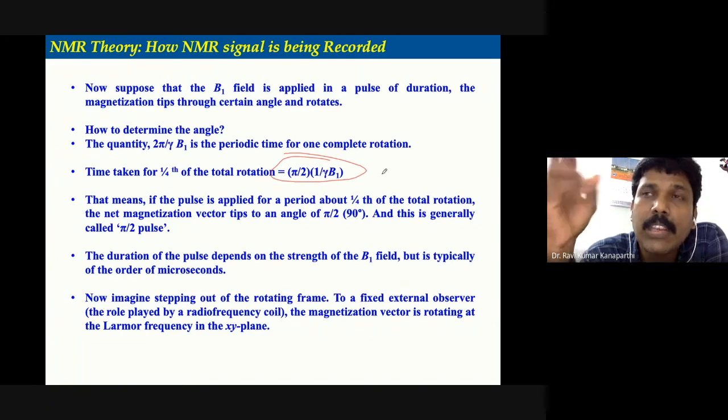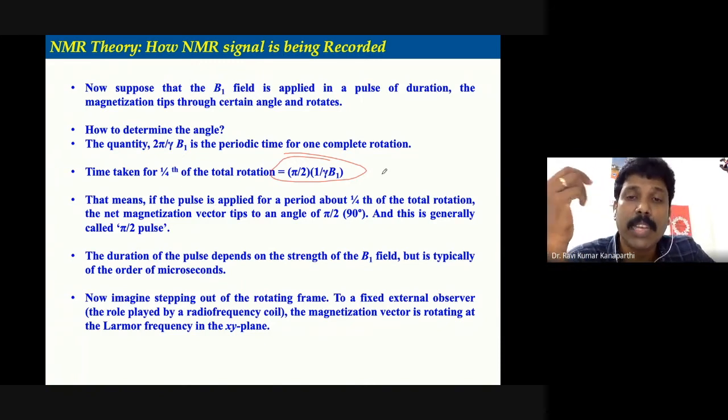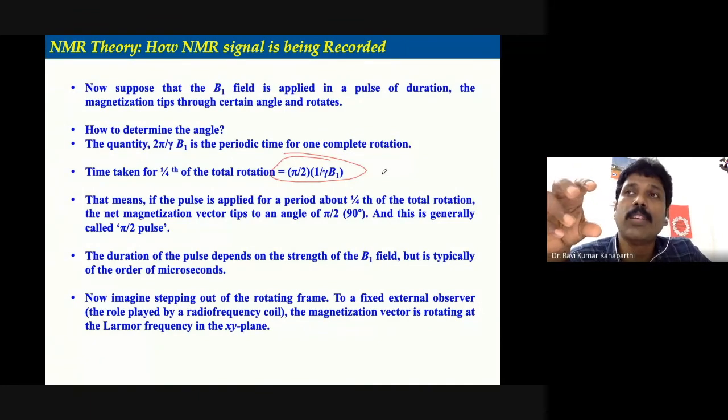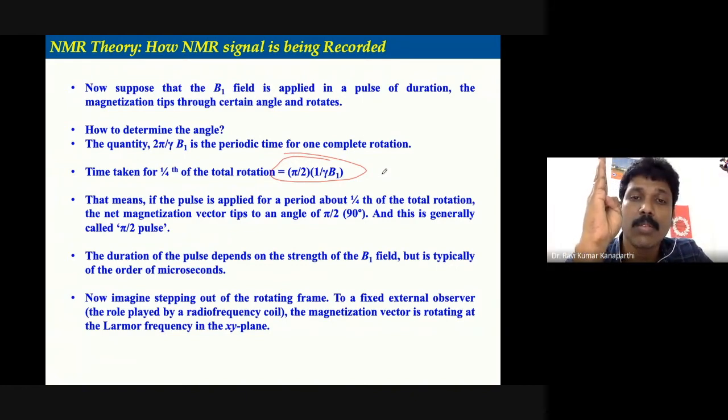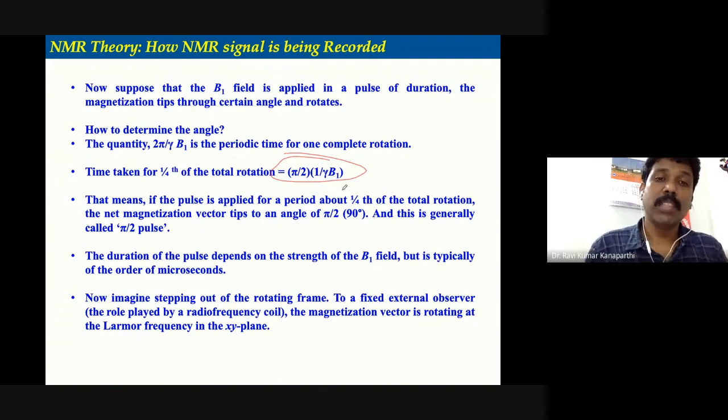Suppose you want to make your net magnetization vector oscillate to a 90 degree direction. This also means 1/4 of the periodic time is pi by 2 times 1 over gamma b1. In other words, if you want your net magnetization vector to precess in the xy plane, 90 degrees from the original z direction, you have to apply the radio frequency, b1, for this amount of time. Only then does it precess.